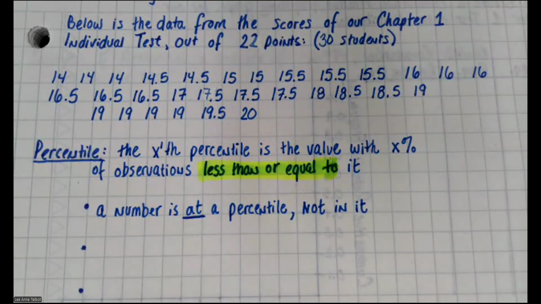This one is a bit of language to make you sound like you're educated. A number is at a percentile, not in a percentile. We don't use the word in, we use the word at.